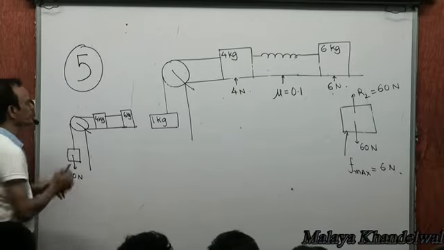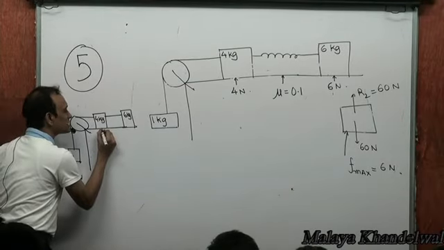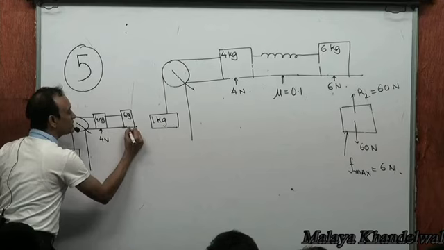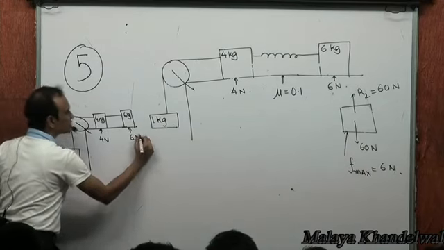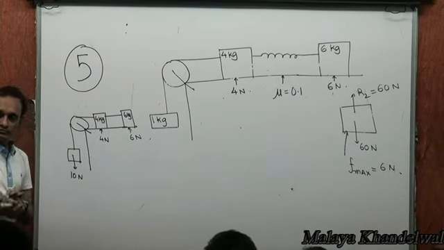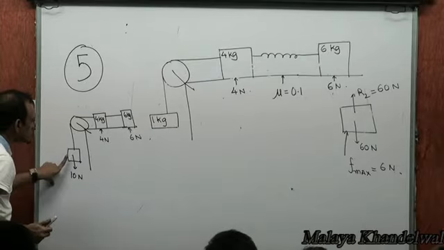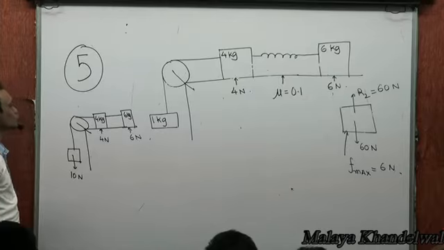Suppose this was a string, and maximum static friction is 4 newtons here. Between these two, maximum static friction is 6 newtons. Suppose this was a string between these two.